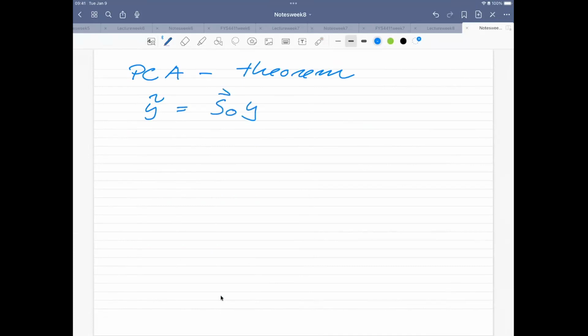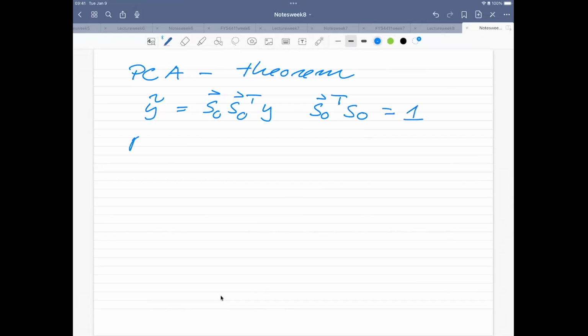And then this vector S0, actually, it's not S0, sorry, I was wrong here. It's going to be given by S0, because it has to be a matrix, transpose, times y. This is the original data. And this S0 is orthogonal.